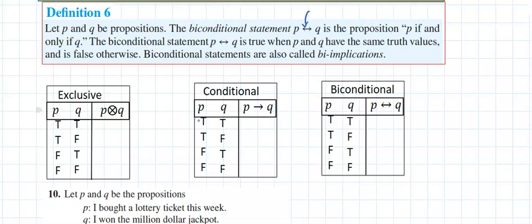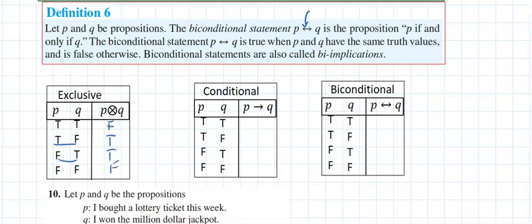So the exclusive or is one or the other. If both of them are true, then since this is one or the other, the truth table would be false. Only one of them could be true. And if they're both false, that's automatically false.